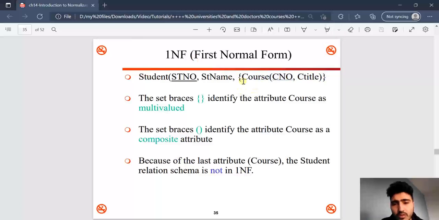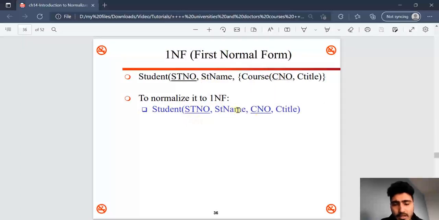So in order to make this relation in 1NF, we need to decompose this composite attribute into single and atomic attributes. This means that this relation becomes as this one.